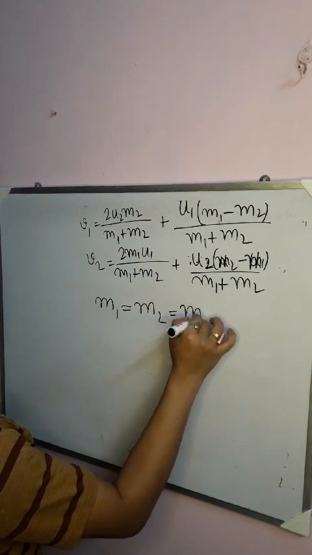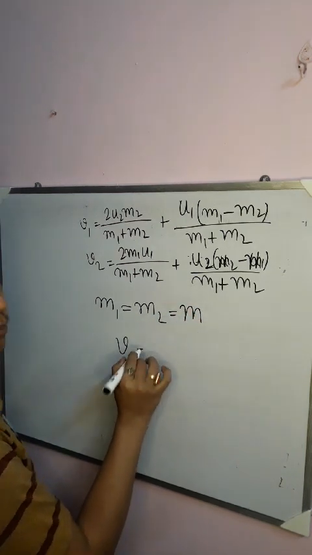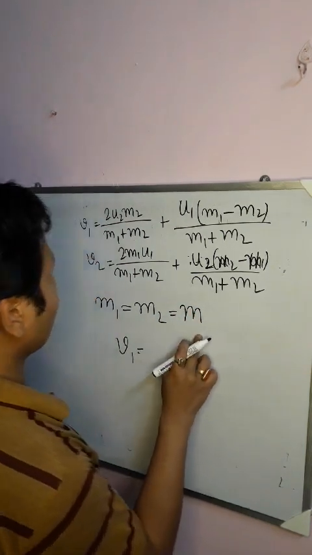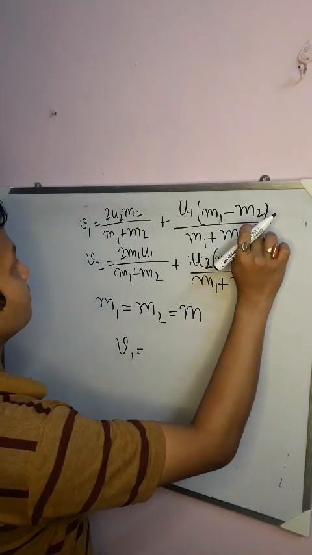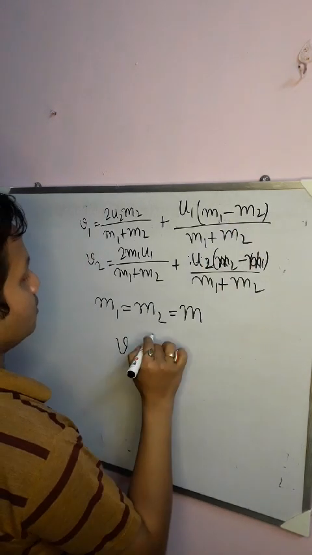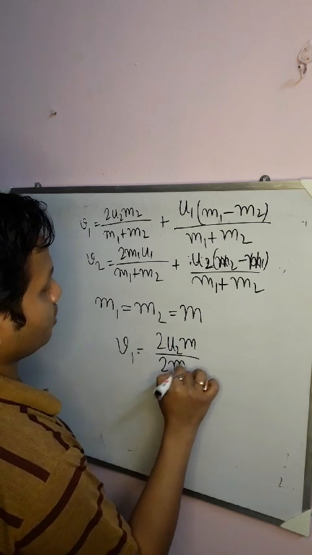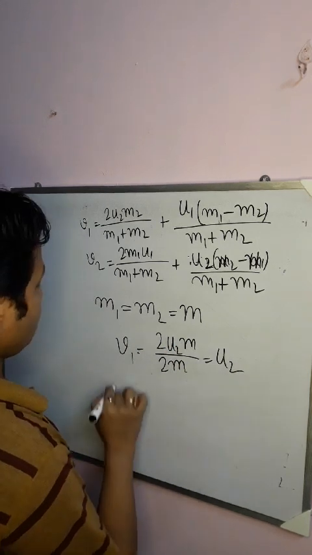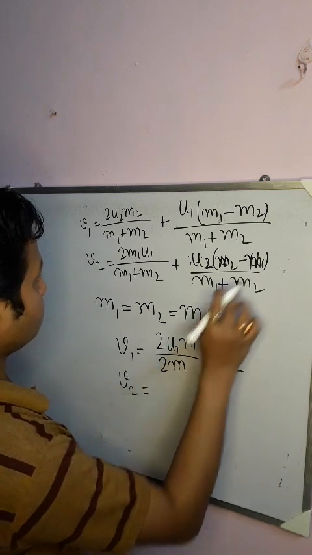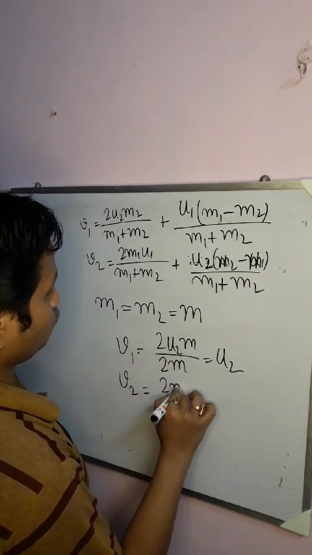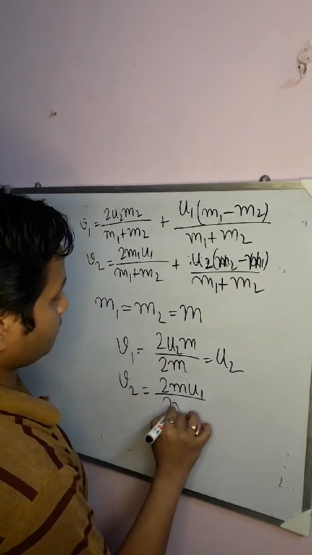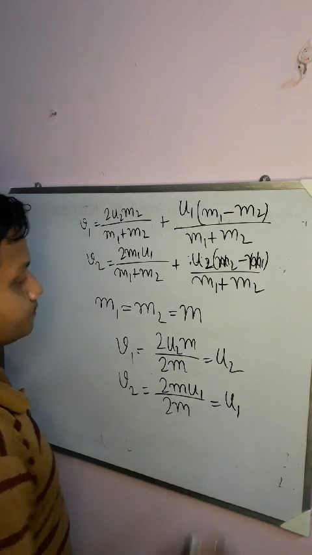Say this is m. So what happens if both the objects are of the same mass? So this term is 0. So v1 is 2u2 m by 2m, that is u2, and what will be v2? This term is 0, that is 2m u1 by 2m, that is u1.